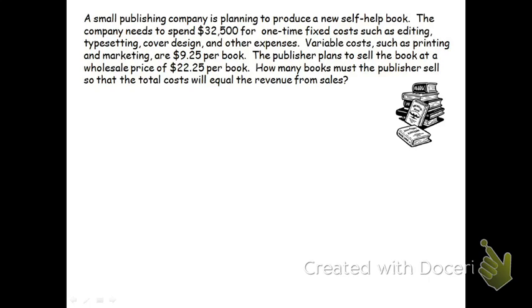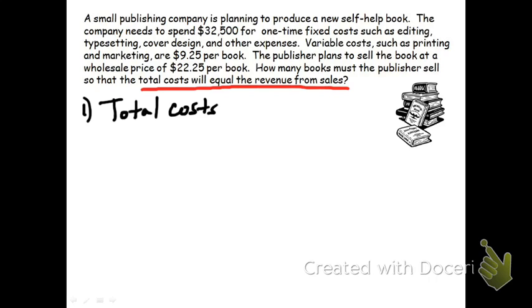All right, so understanding our problem, the key phrase is this very last one. When will the total cost equal the revenue from sales? So when will total costs equal revenue?